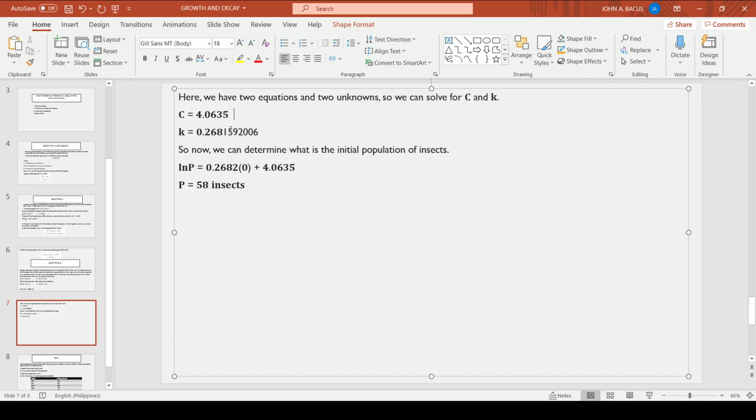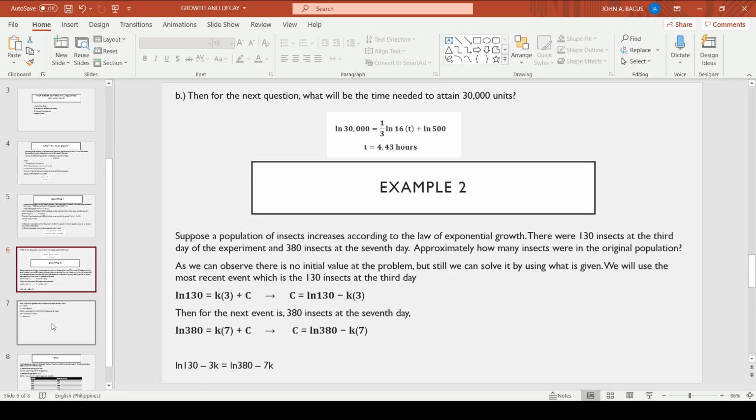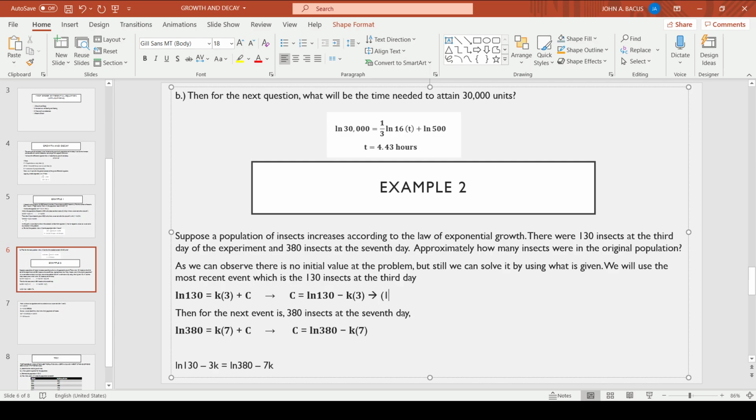So you round it off after you get the original population, in the final answer. Just to be safe. Okay. Then for C, you can substitute K. You can easily substitute here in equation 1 or equation 2. No problem whichever you substitute, you get the same answer. So you just choose one of them.